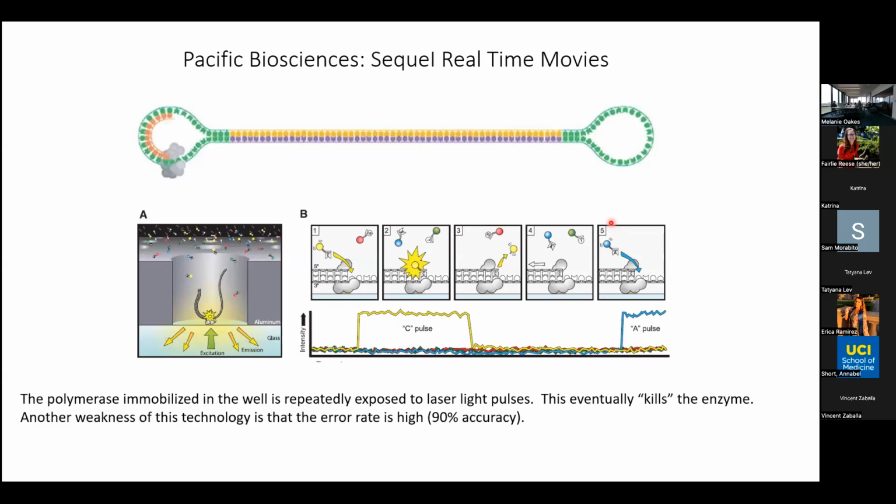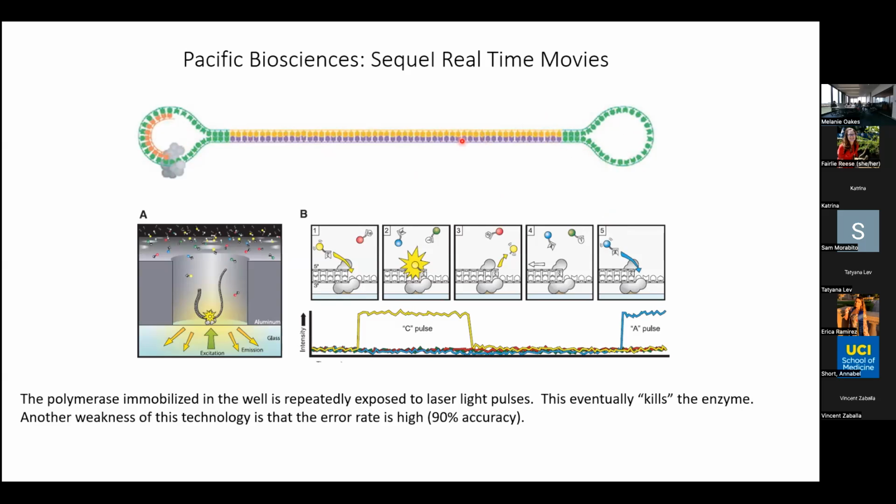So what does this look like? PacBio is very different than Illumina. For one thing, we are involved in making the SMRTbell templates, and there's no clustering, so you don't have PCR there either. I call it a dumbbell, but they're labeling it a SMRTbell.